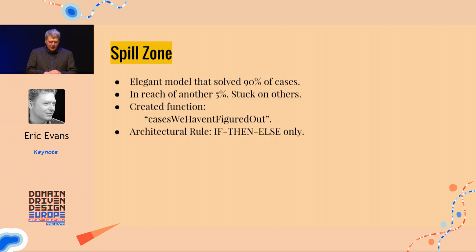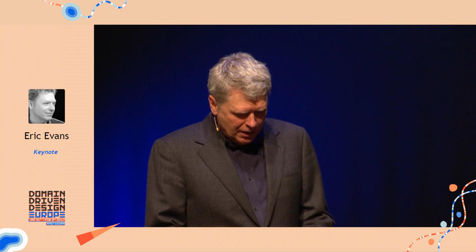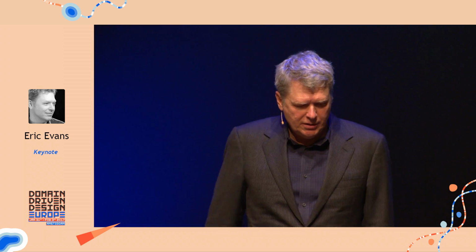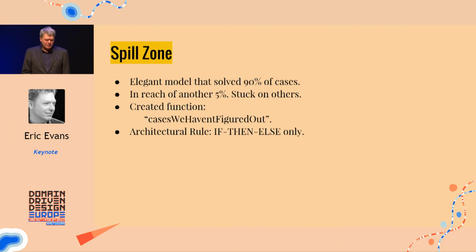I could have conceived of a situation where we might have a couple of elegant models and still a little spill zone where 0.1% of the cases that we just couldn't handle would go in there with if, then, else. But I don't know how that came out, actually. A lot of times I'm involved in a project for a while and then I don't see the very end.